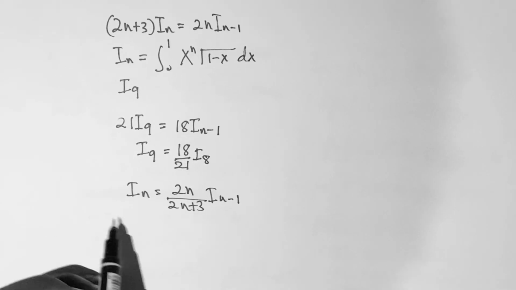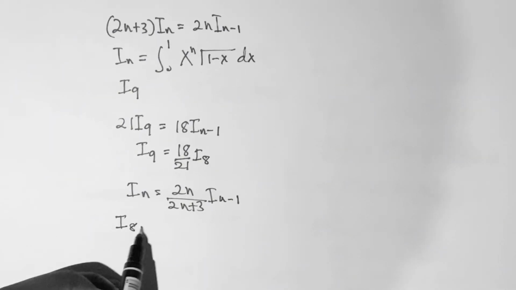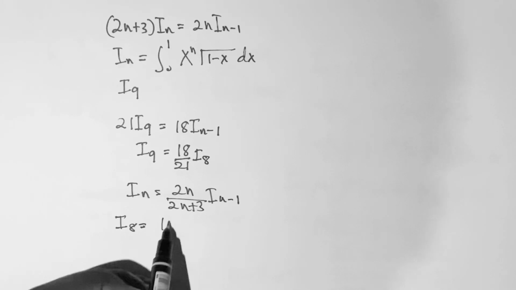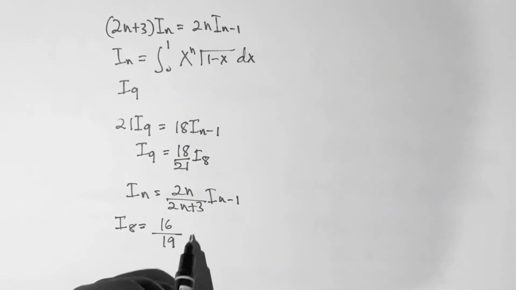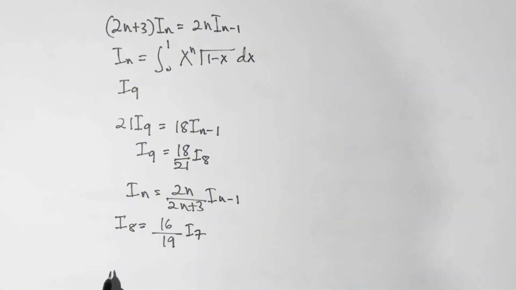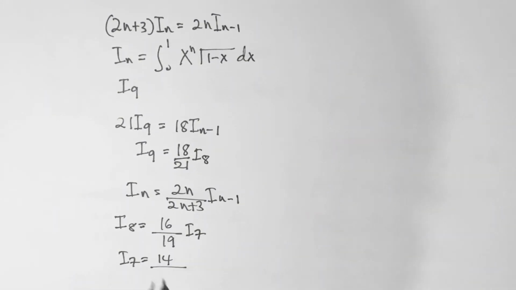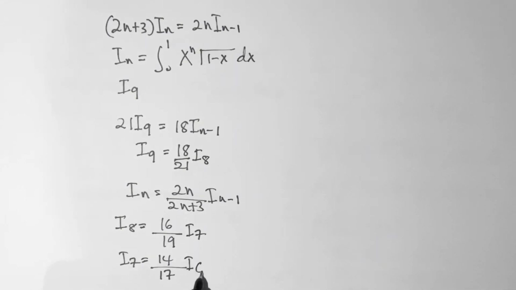So I of 8 is equal to 2 times 8 is 16, then here becomes 16 plus 3 is 19, I of 7. Then I of 7 is equal to 2 times 7 is 14, divided by 14 plus 3, that becomes 17, I of 6.